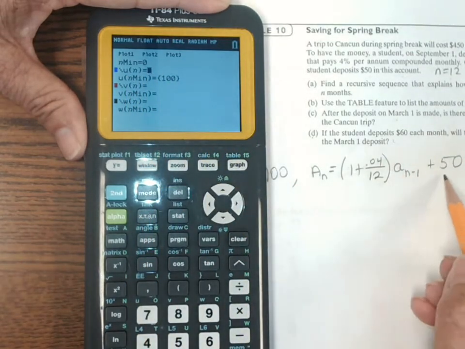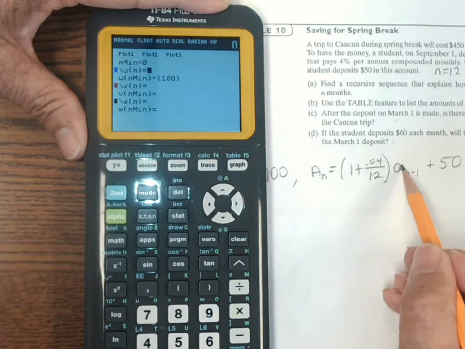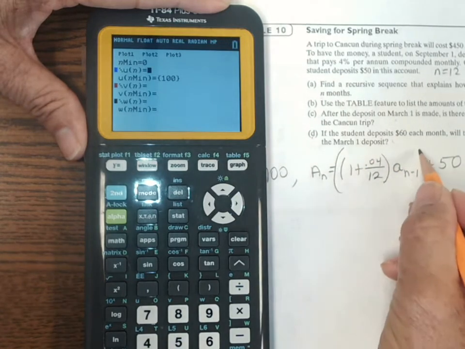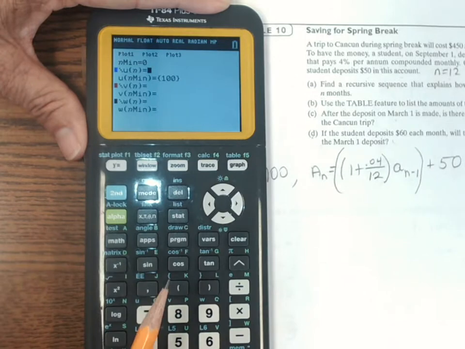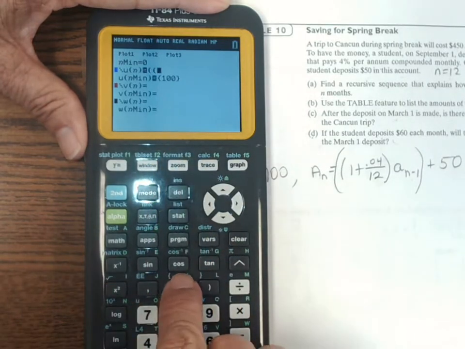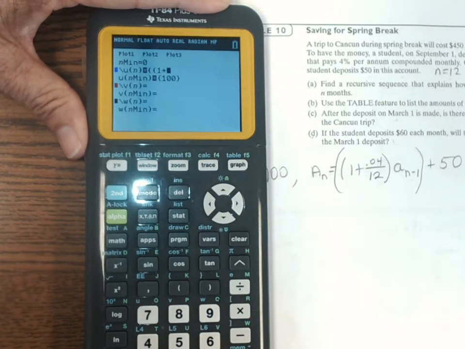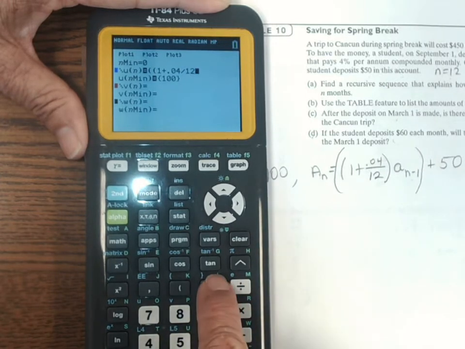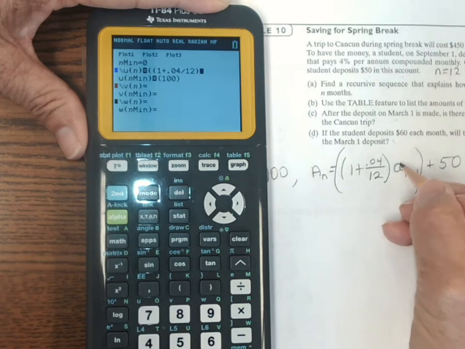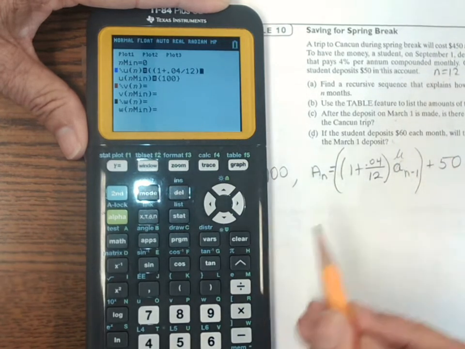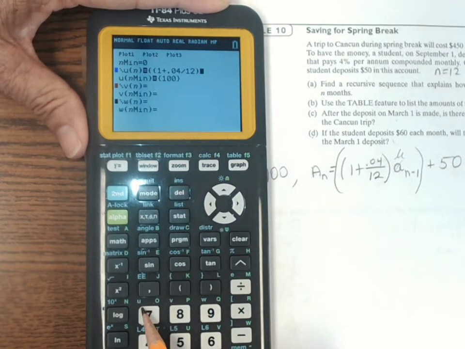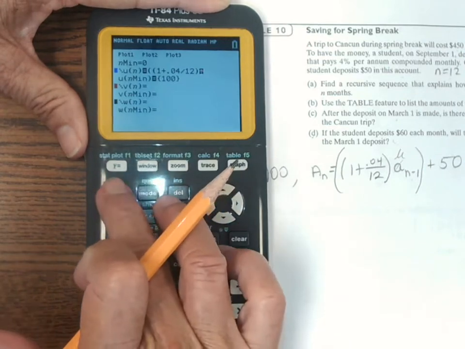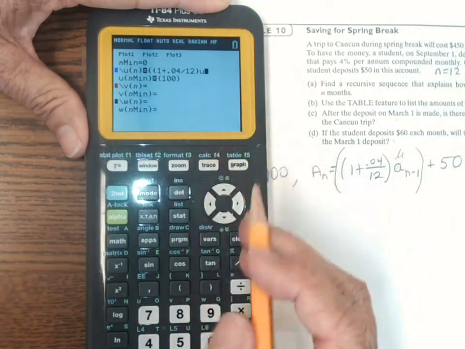So I'm going to be entering this, but I have a u here, and I need to put parentheses around all of that. So I'm going to start off with 2 parentheses. 1 plus 0.04 divided by 12, close parentheses. Now, remember I need a u here. The u is right above the 7, so I do second 7, and that gives me the u.